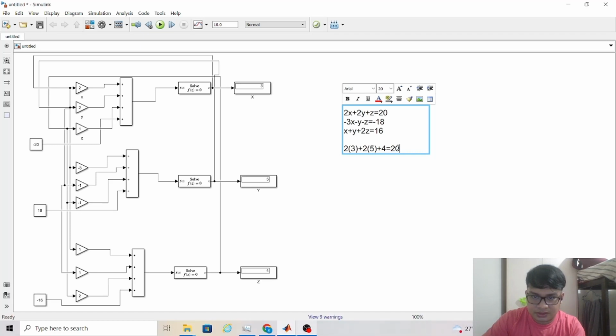So that's 6 plus 10 plus 4 equals 20. So that's 20 equals 20.